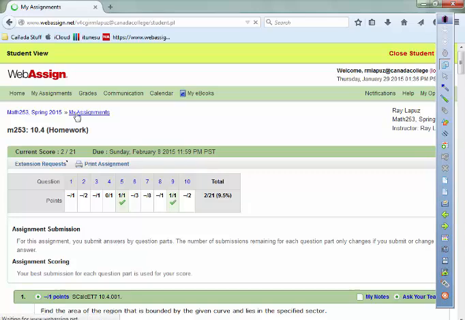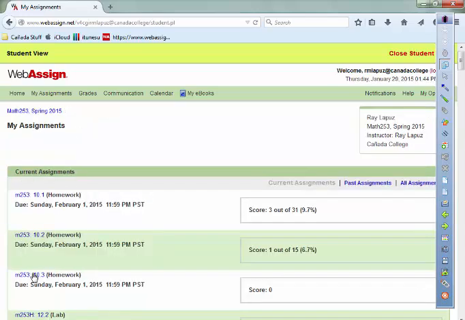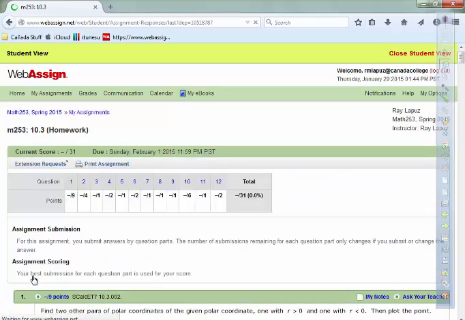10.3, number 2. What's 10.3? Polar coordinates? Yeah. Number 2.